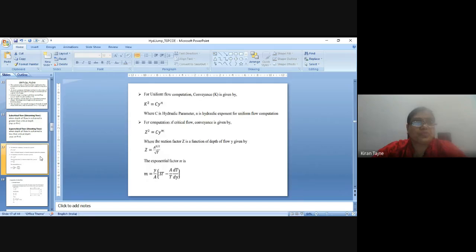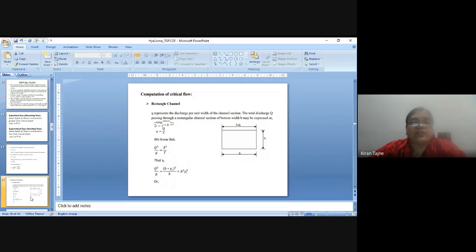Velocity is calculated by Manning's formula and Chezy's formula.